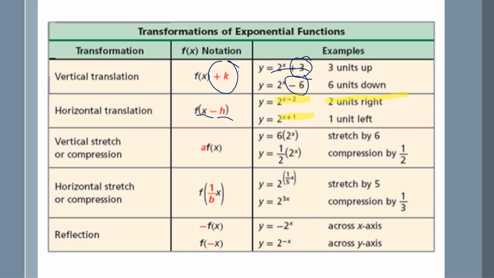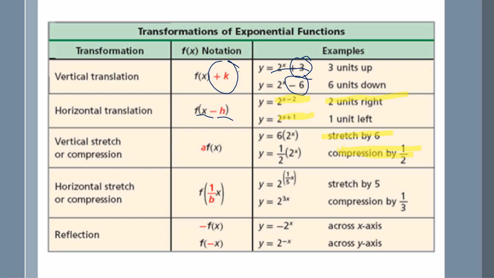All right. So what if I have numbers in front, in the very front? If it's a whole number like 6, it stretches. What if I have a fraction in front of it? It's going to compress. All right.